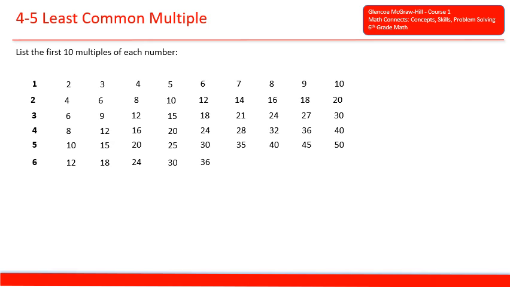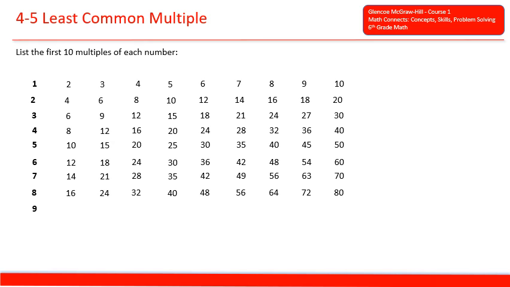For 6: 6, 12, 18, 24, 30, 36, 42, 48, 54, 60. For 7: 7, 14, 21, 28, 35, 42, 49, 56, 63, and 70.